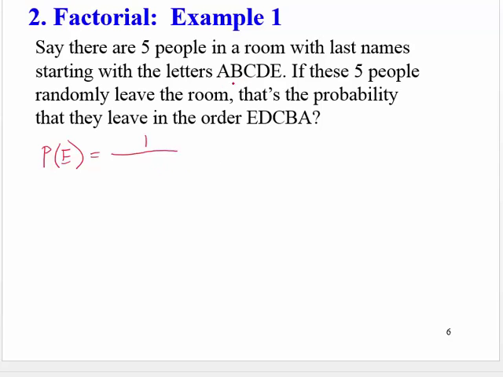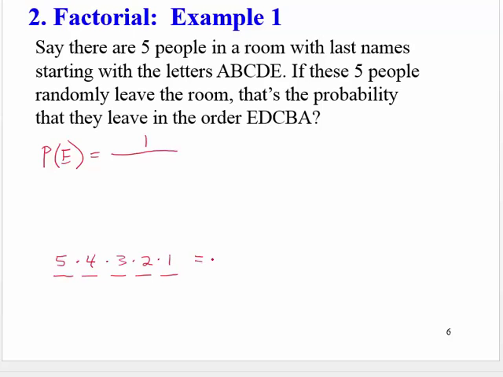Now, how many different ways can people leave? Well, there are 5 people, so there are 5 choices for the first person leaving, right? Then once that person leaves, there are 4 people left, so 4 for the next one, and then 3 for the third one, 2 for the fourth, and finally the last person leaves.